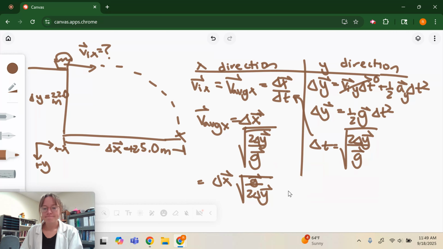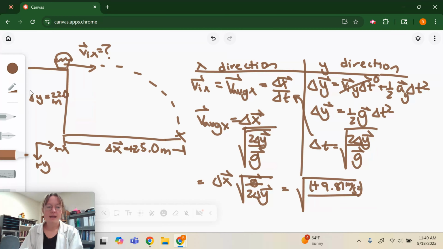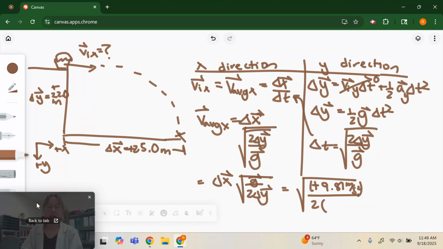Okay, let's plug in numbers here. For g, we plug in positive, because of the way that I define my directions, positive 9.81 meters per second squared. For my delta x, oh gosh, wait, guys, I forgot my x.